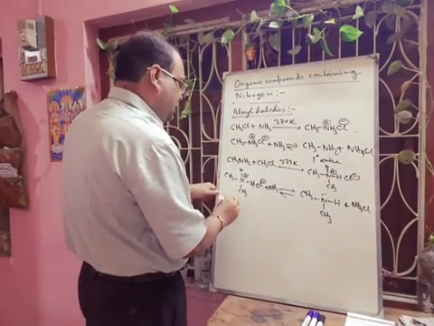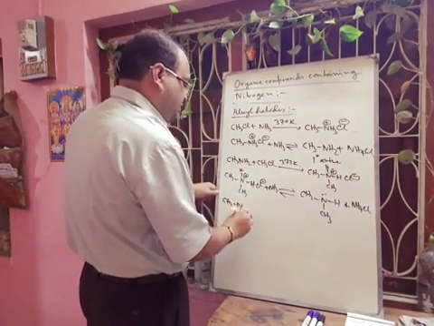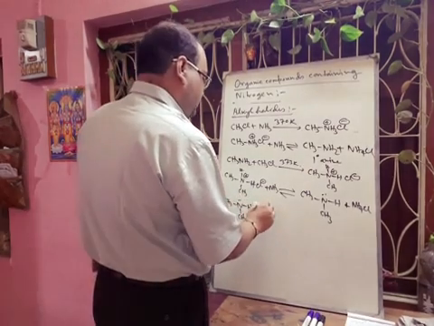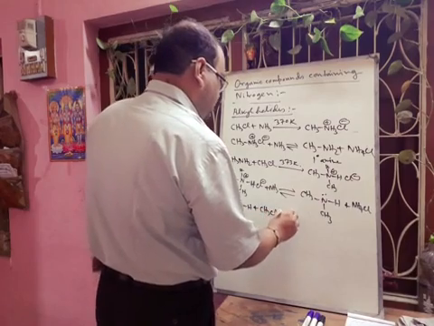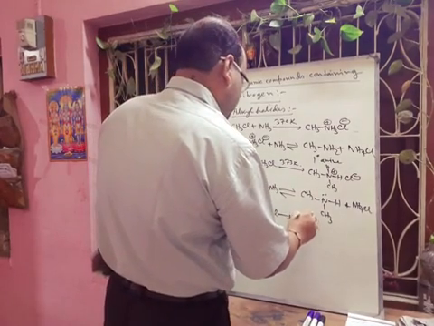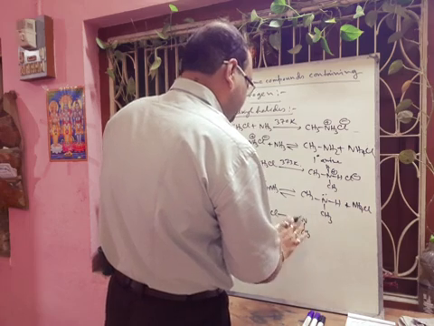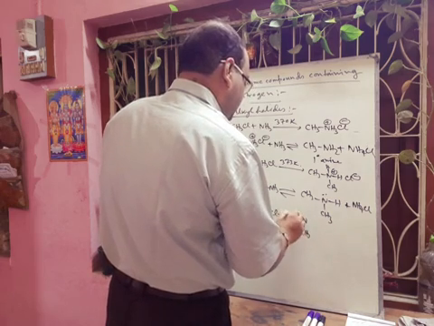That is, CH3NHCH3 will react with CH3Cl, forming N(CH3)3 plus Cl minus. This is a substitution reaction, maybe an SN2 type of reaction.